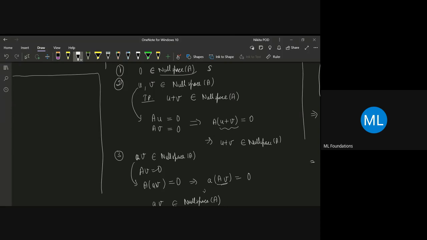Okay. So given a matrix, how do you find the null space?